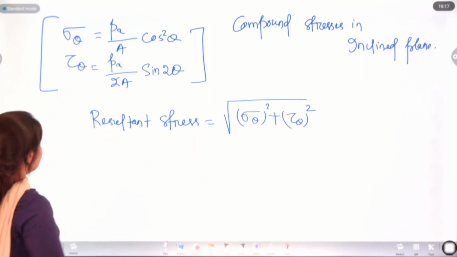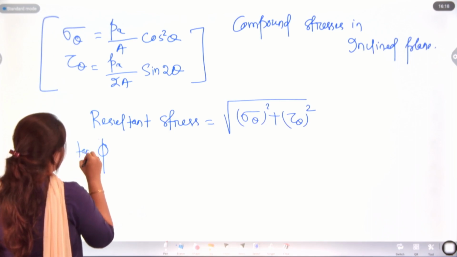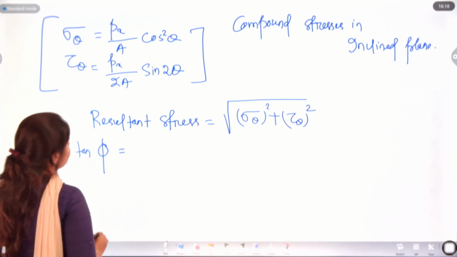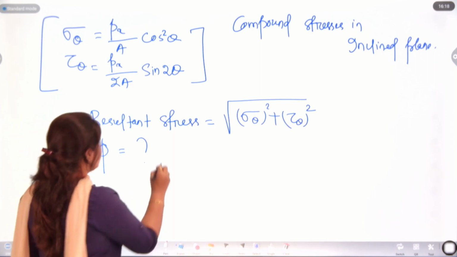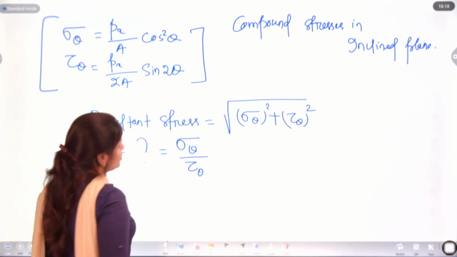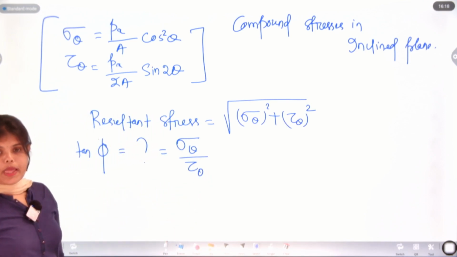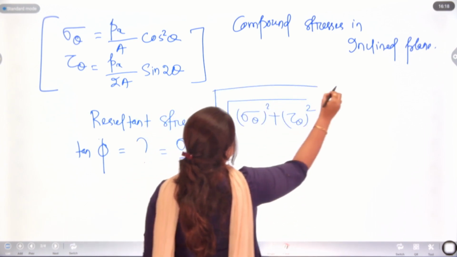And we need to find the angle phi, that will be tan phi equals sigma theta upon tau theta. Okay, so now we will solve this one.